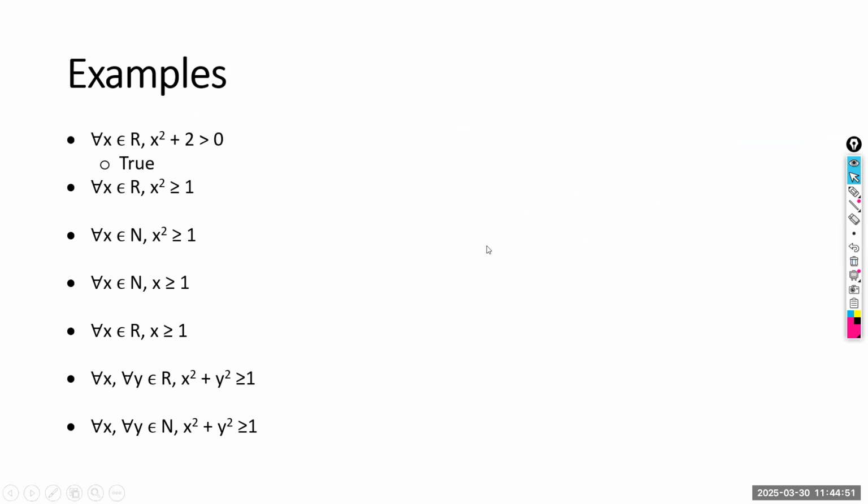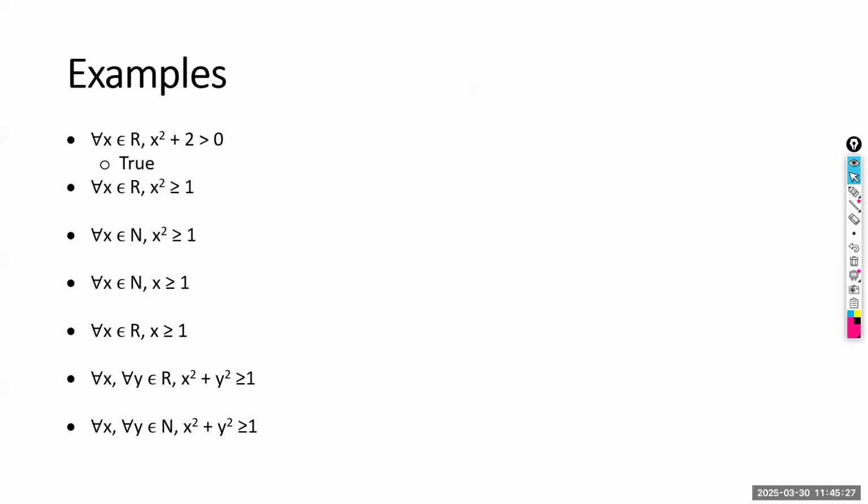What about the second one? For all real numbers, x squared must be greater than or equal to 1. If you can find at least one real number which contradicts this, you can say this statement is false. But if you can't find such a scenario, you need to accept it. This is false. Can you give me a contradictory real number for this?